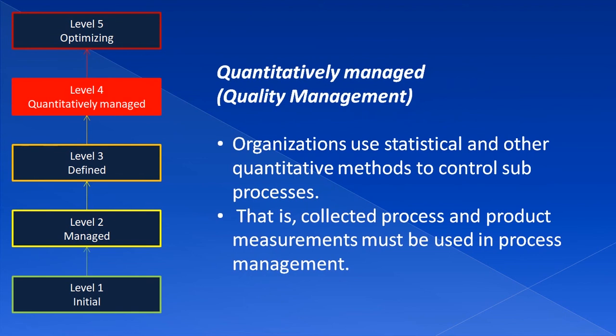And then comes level 4, which is very hard to reach: quantitatively managed, right? This type of organization manages its quality. They have managed their product and their process, and now they are looking to manage their quality. Organizations use statistical and other quantitative methods to control sub-processes. They use stats; they don't just say it's good, nice.